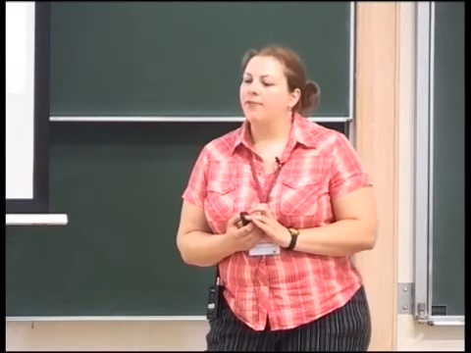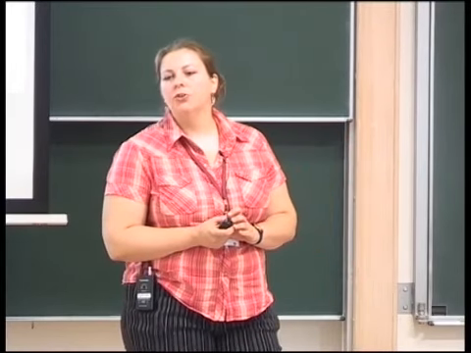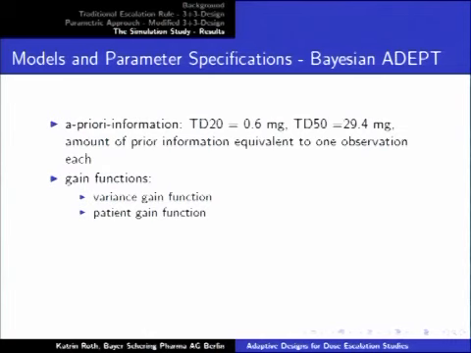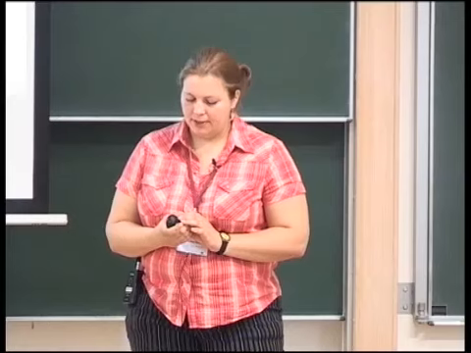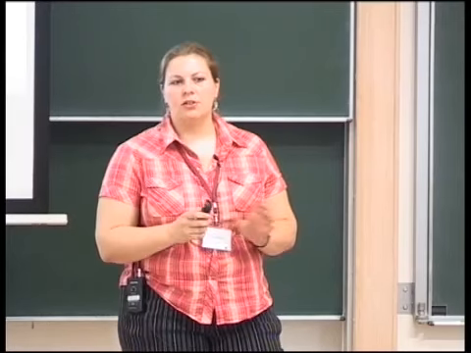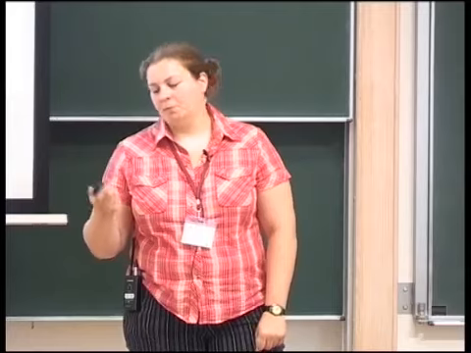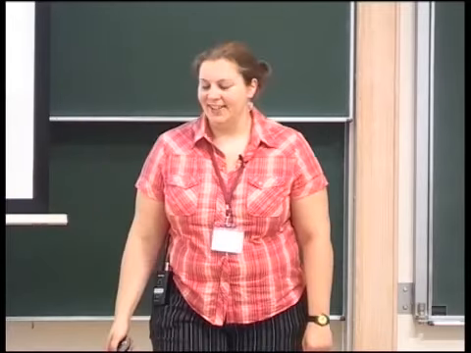You have to specify what gain function to use. I consider 2 different gain functions. That is kind of an analogue to the optimality criterion. With the variance gain function, the next dose that is chosen for the design minimizes the variance of the estimators.